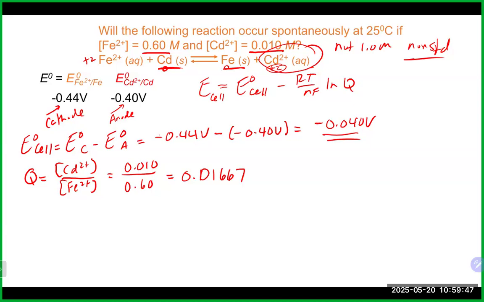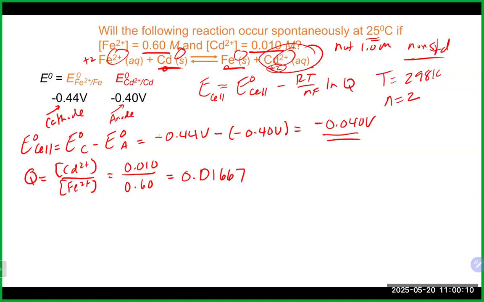So a bunch of 6s here. And for the most part, our temperature here is going to be 298 Kelvin as we add 273 there. And our N in this case is going to be 2. Once again, I know that just based on +2 to 0, that's a difference of 2 electrons. Also 0 to +2, also a difference of 2 electrons.